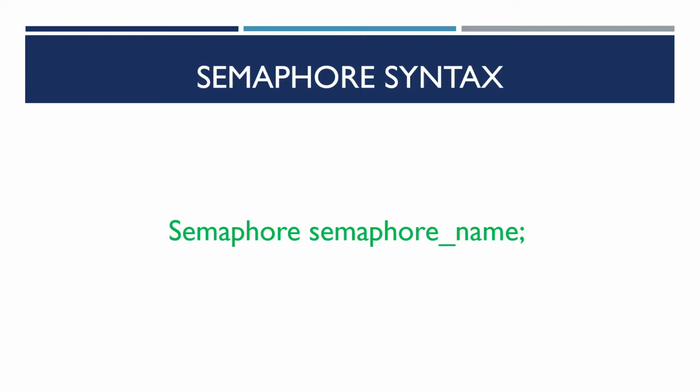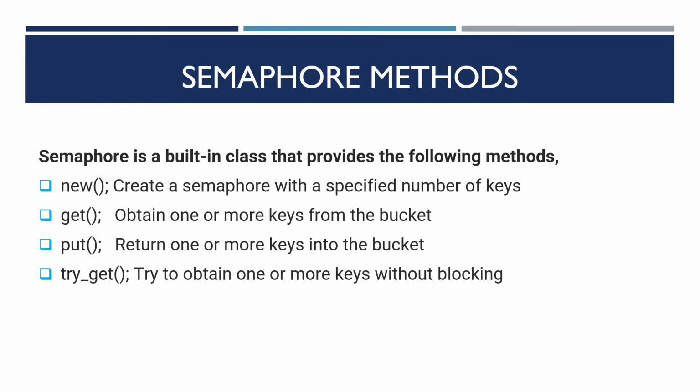Next, we will see the syntax of semaphore, which is: semaphore semaphore_name; The next one is semaphore methods. Semaphore is a built-in class that provides the following methods. The first one is new. It is used to create a semaphore with a specified number of keys. The next one is get.